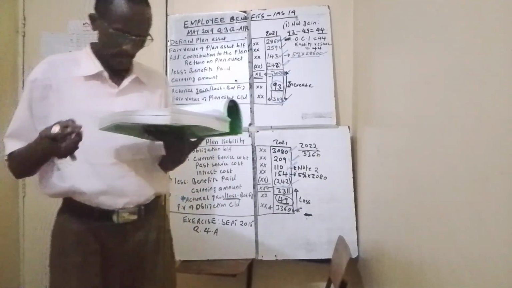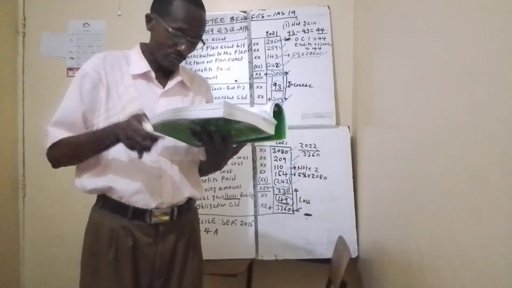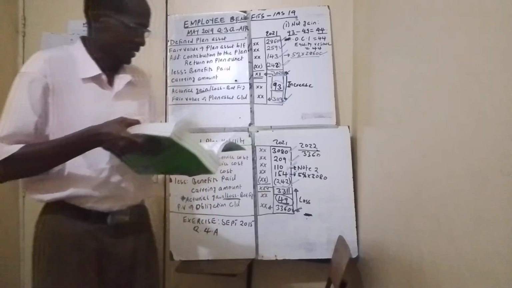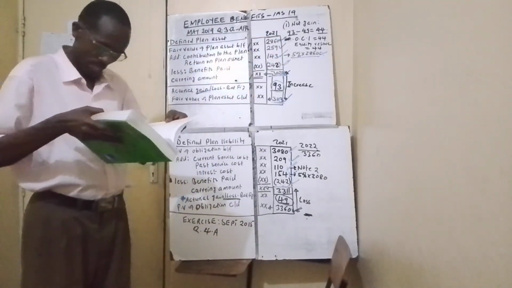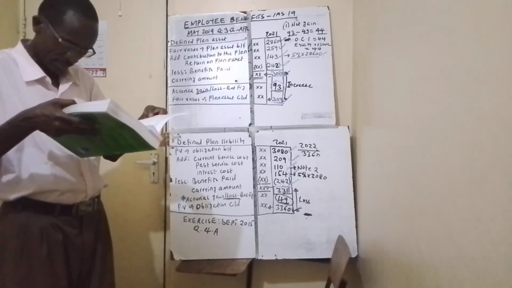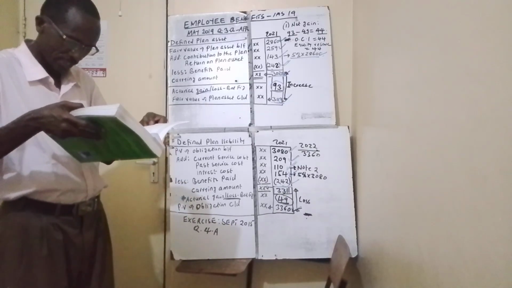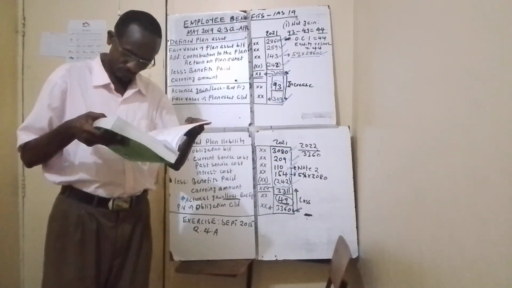So here you are told that fair value of the plan asset by the start of the year is 2.6. So for the plan asset, the 2.6 will be here. Then the plan liabilities, the present value of the plan liabilities by the start, 2.9, it will appear there.